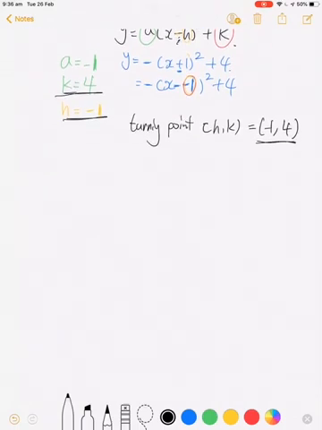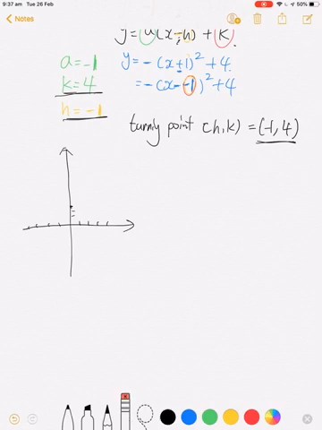So now we can draw a Cartesian plane. Okay, the turning point is negative 1 and 4. So negative 1, positive 4, 1 2 3 4. So that is my turning point.